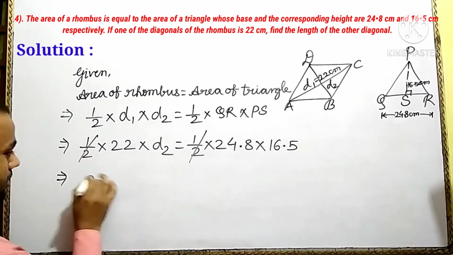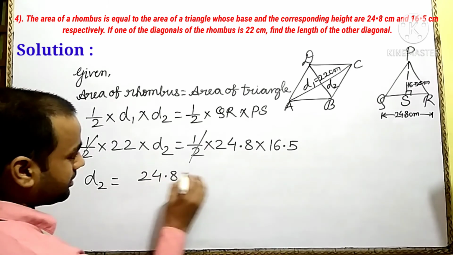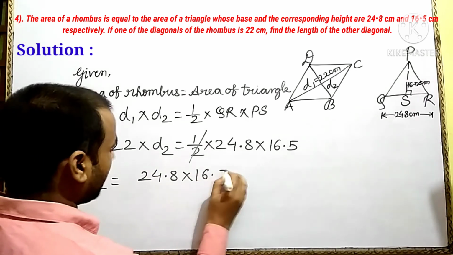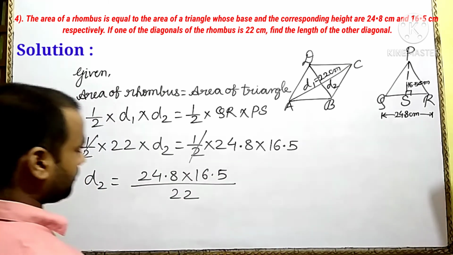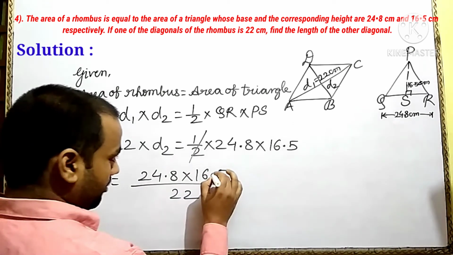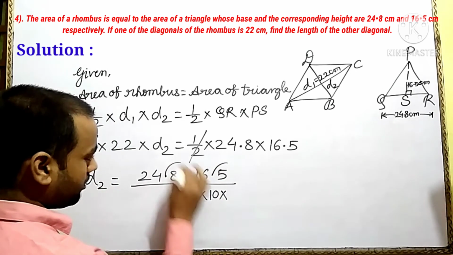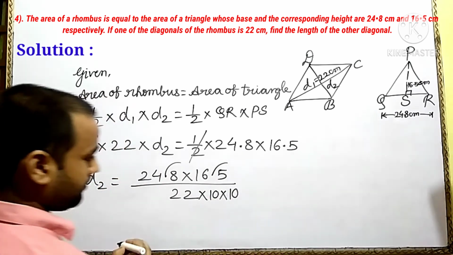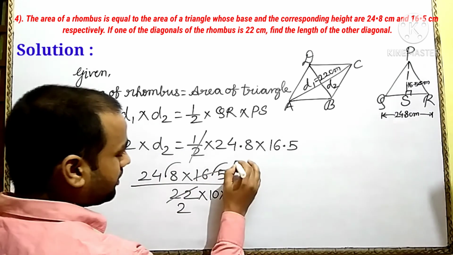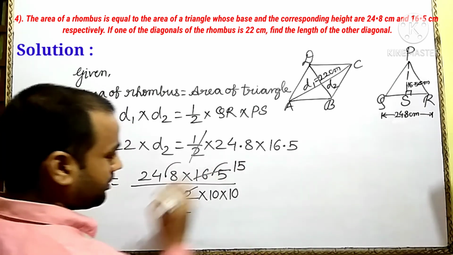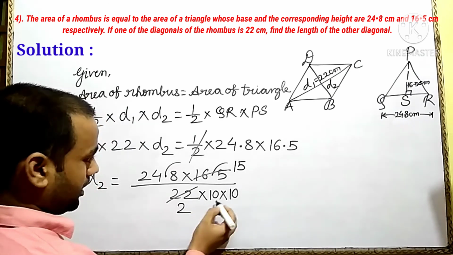Half cancels out. D2 is equal to 24.8 into 16.5 upon 22. Here remove the decimals, write 10. Also here remove the decimal, also write 10. 11 into 2 is 22. Then 11 into 5 is 55.